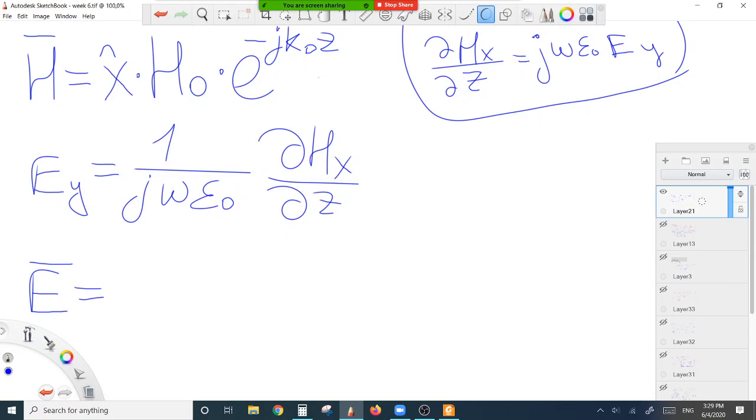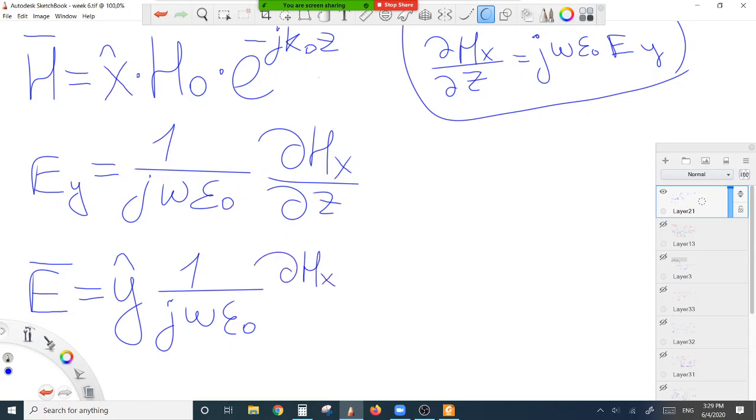We already know that the electric field is directed in the y direction, so Ey is 1 over j omega epsilon 0 dHx over dz.